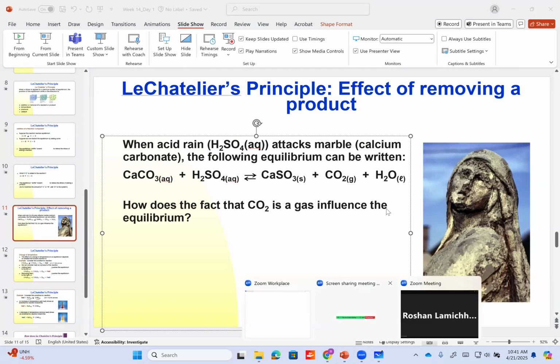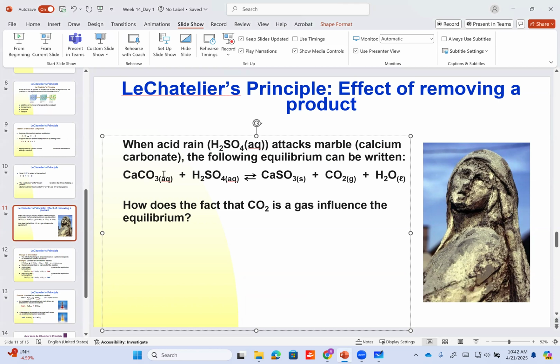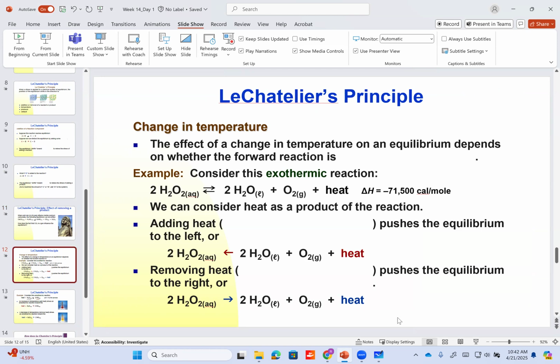You have this marble, and the carbon dioxide is a gas. It starts diffusing out and goes back to the atmosphere, so this is like removing carbon dioxide. If you remove carbon dioxide, the equilibrium lies towards the product side. More products are going to form, meaning this calcium carbonate, our marble, is going to degrade over time. So this is the effect of removing a product from a Le Chatelier's principle standpoint. The next one we're going to look at is the effect of temperature.